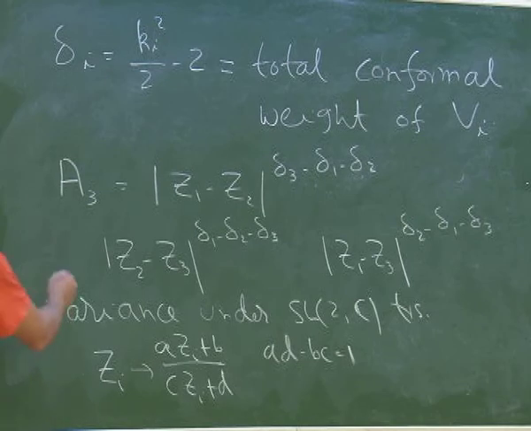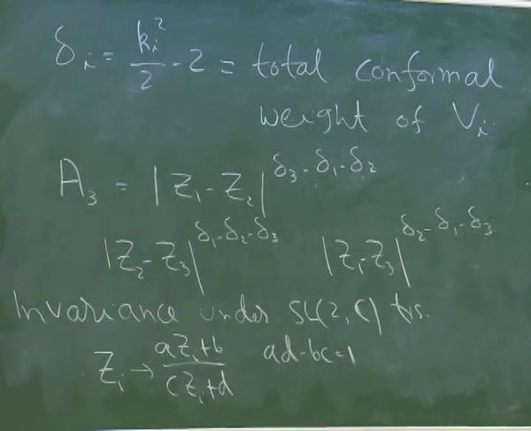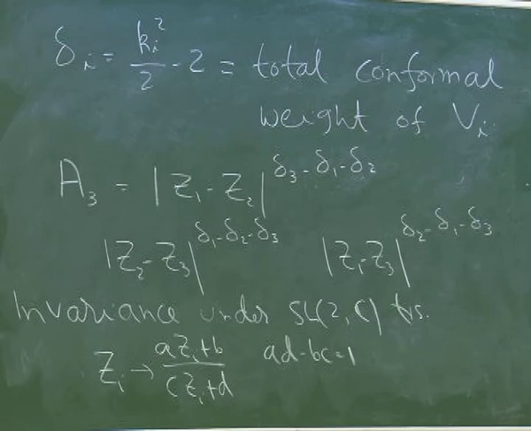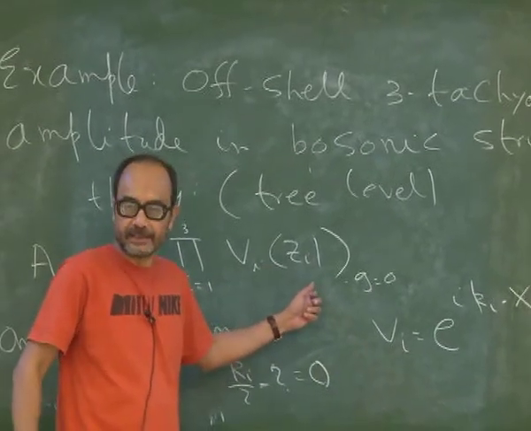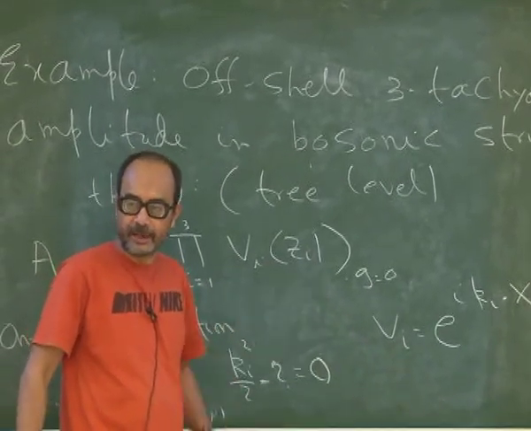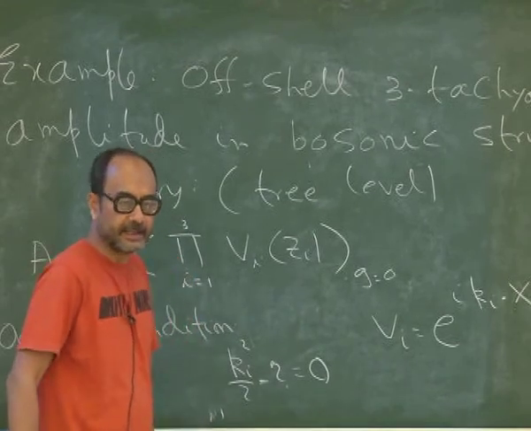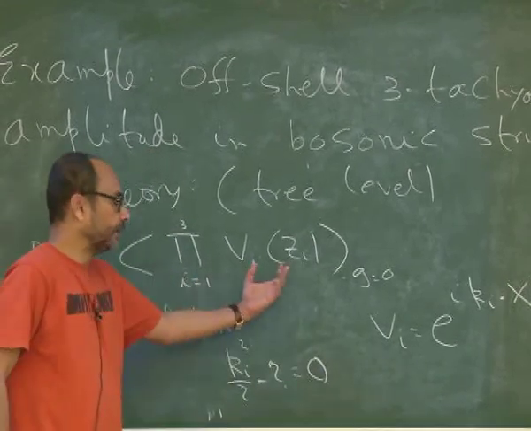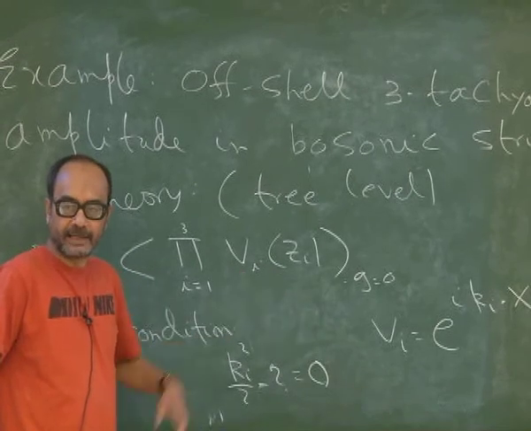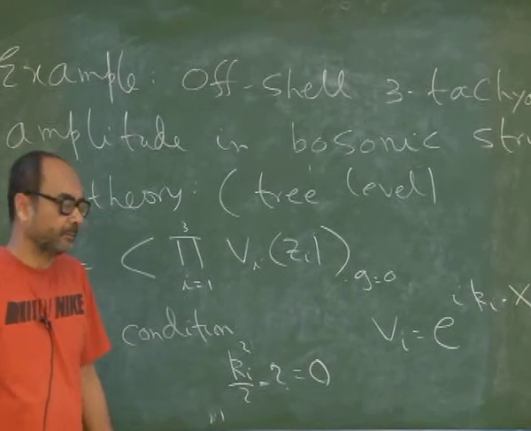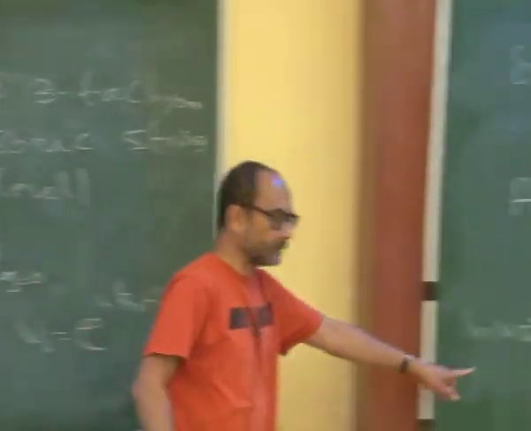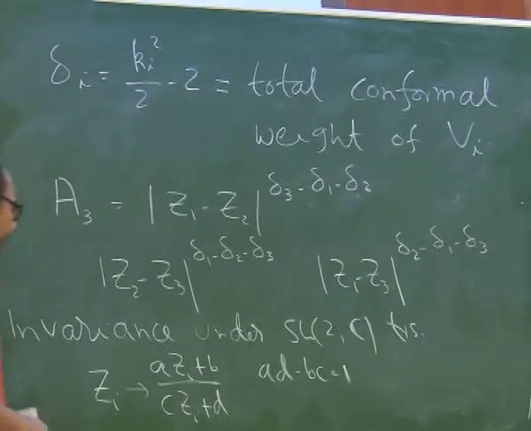Now, if this was really an invariance of the amplitude, then using this transformation we can make these z_i's into 3 arbitrary points, and the result should be independent of where you put those 3 arbitrary points. That is the reason why, when you describe the Polyakov amplitude for 3 tachyons on shell, we don't specify what the z's are, because the result is supposed to be independent of the z_i's because of this underlying SL(2,C) invariance. But this is broken.